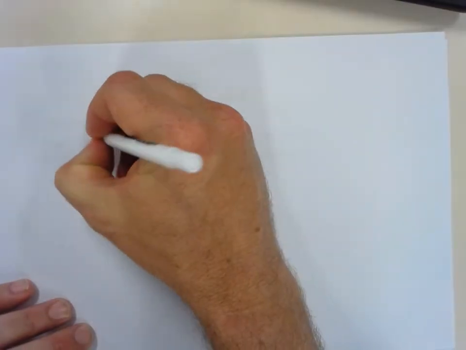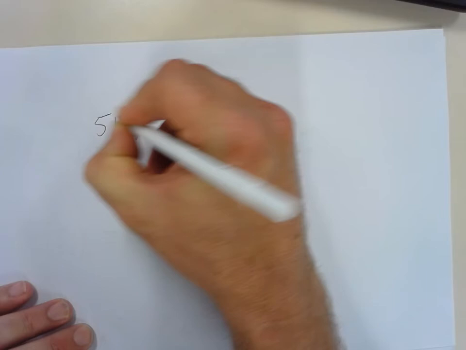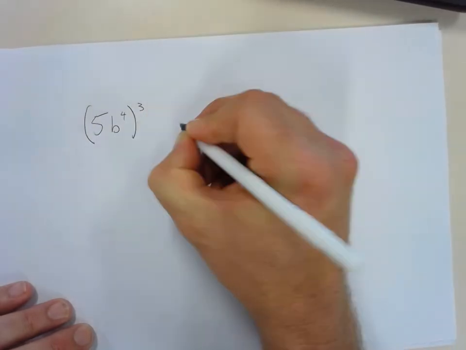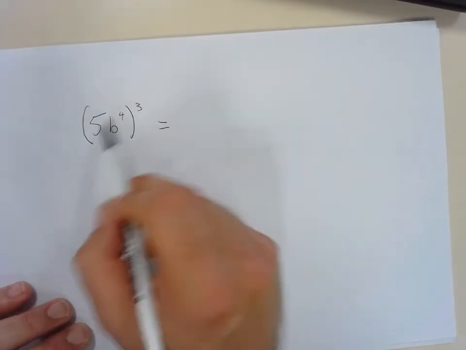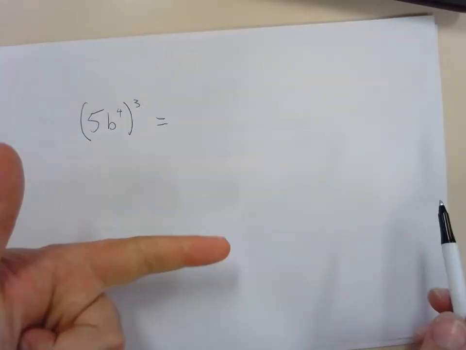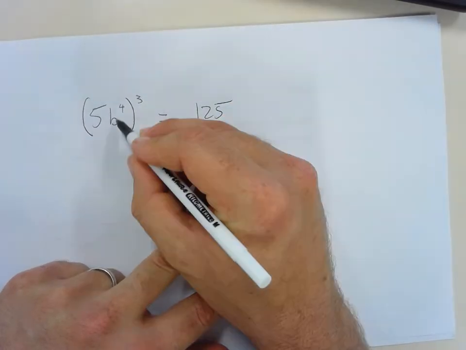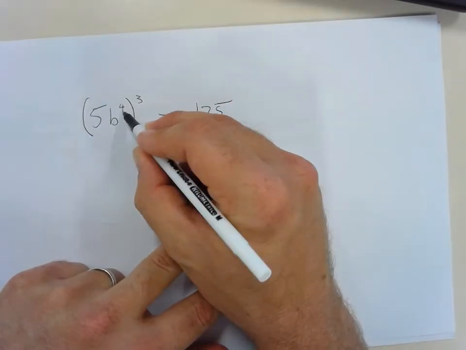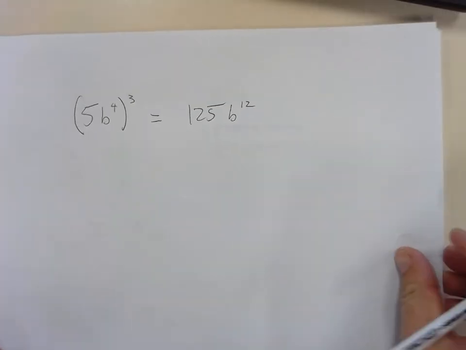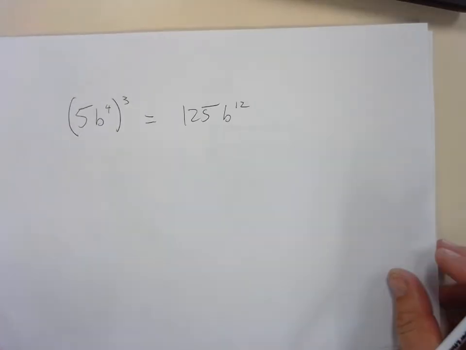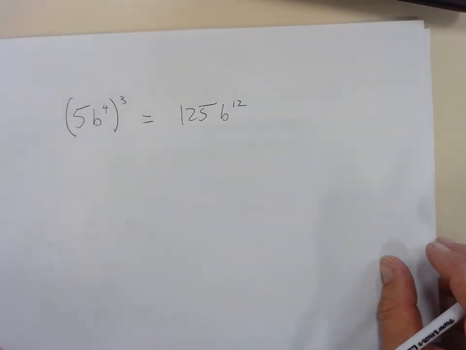So 5b to the power of 4, all to the power of 3. So again, I do my numbers first. 5 to the power of 3. Well, 5 times 5 is 25, times 5 is 125, and then b, 4 times 3 is 12. So it starts to get bigger and bigger numbers, but it's not that massive.